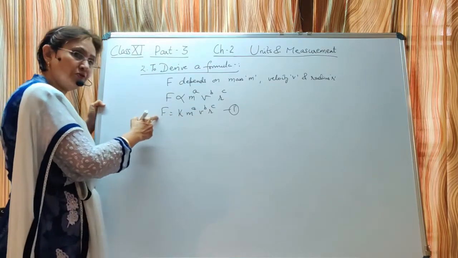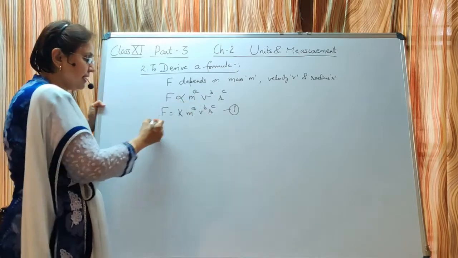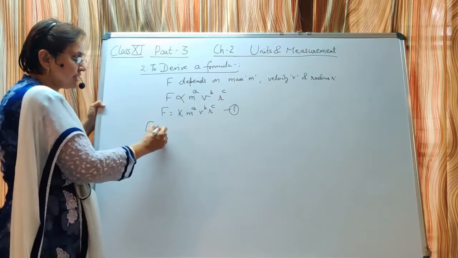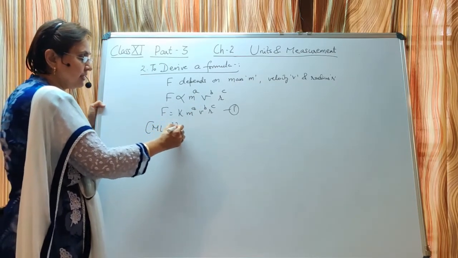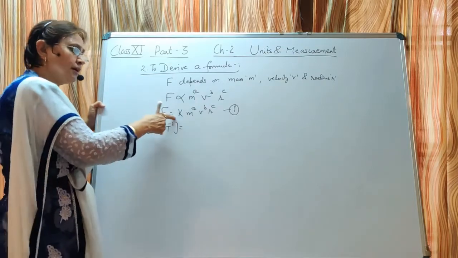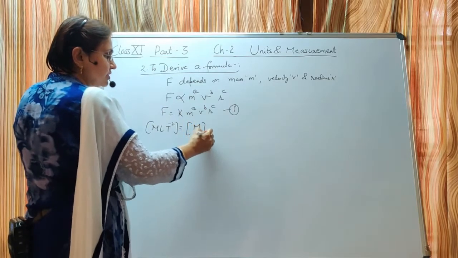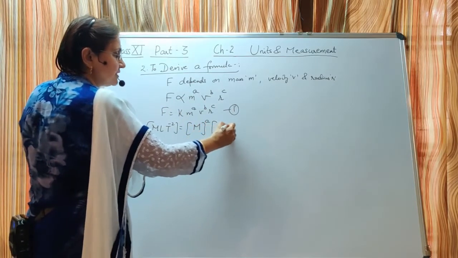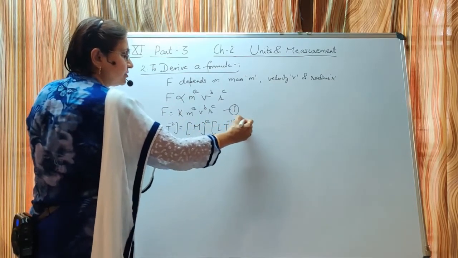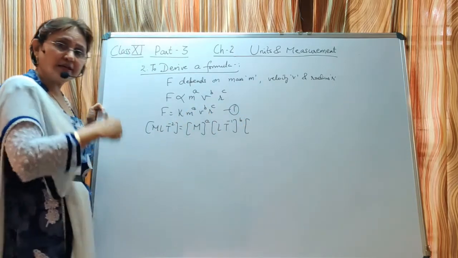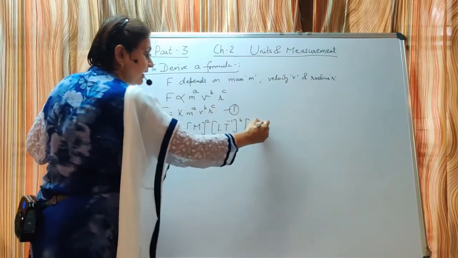So how do we proceed? Substituting the dimensions of each term. Force has a dimension M L T raised to the power minus 2. K is again a dimensionless constant. M has a dimension capital M. Velocity has a dimension L T raised to the power minus 1. R is the radius. Radius means some length.